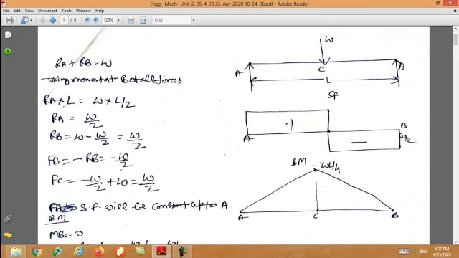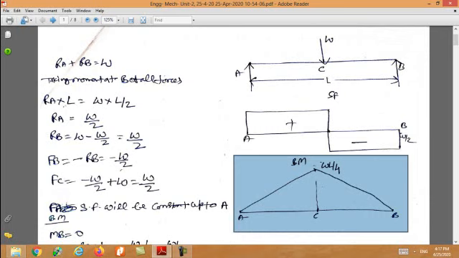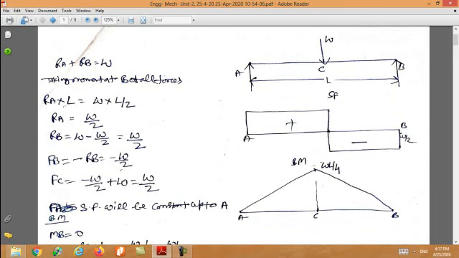So first calculate the shear force values at all the points where loads are acting and show them in the diagram. In the same way, calculate the bending moment at all the points where loads are acting, including supports, and show these values in terms of the diagram.